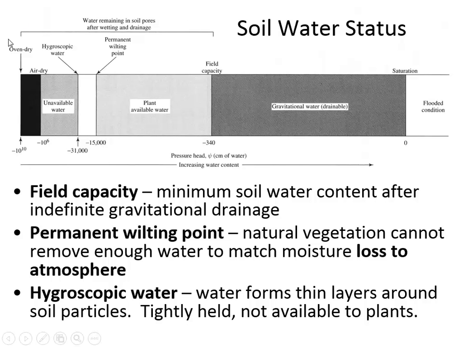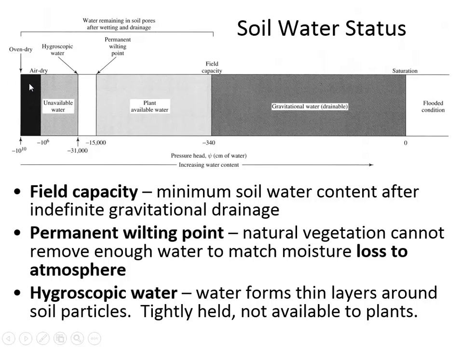Now, once you get lower than that, that's considered unavailable water because there's such a tight bond between that last completely coated layer of water around soil grains, down to the point where soil begins to be considered dry. Oven dry, if you heat it up to 104 degrees Celsius, or air dry at the ambient temperatures.